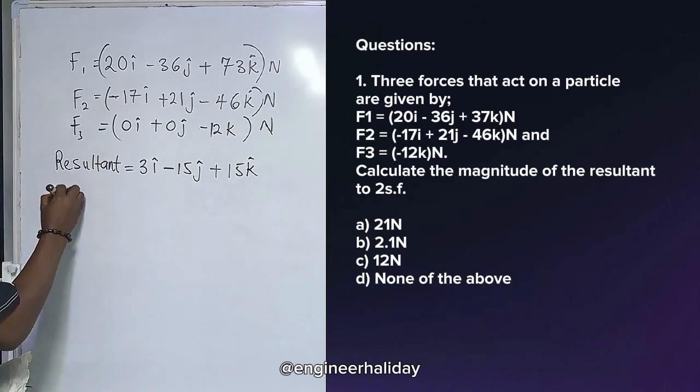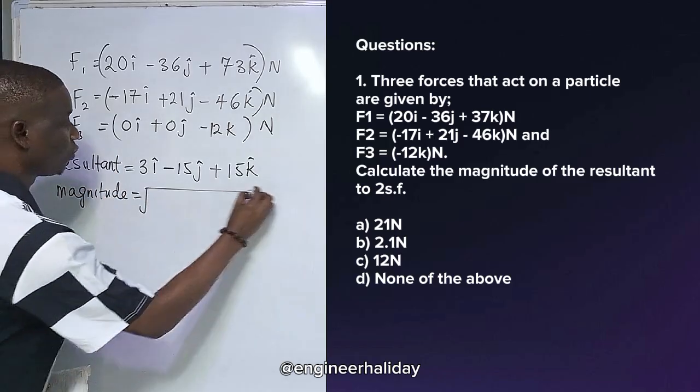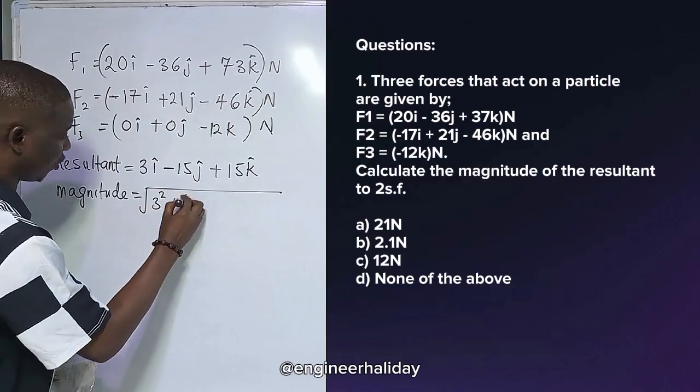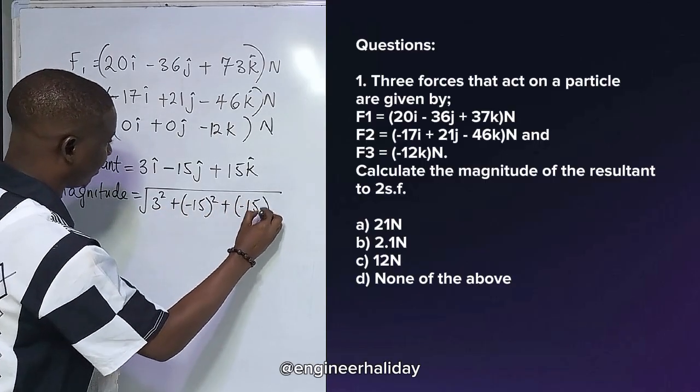So R. Then the magnitude is equal to the square root of 3 squared plus minus 15 squared plus 15 squared.